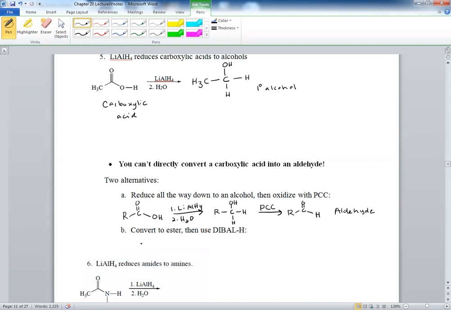Or in B, but we're only going to learn this in chapter 22, how to convert.